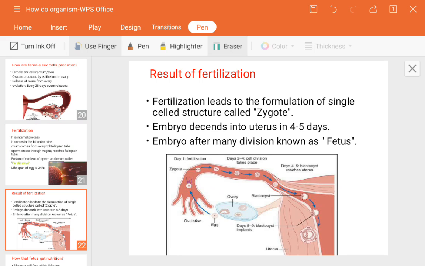Later it goes through several types of cell divisions. So what is meant by cell division? You studied cell division in the ninth standard. It consists of two types: mitotic division and meiotic division. Mitotic division is the division of cells involved in the growth of the body.